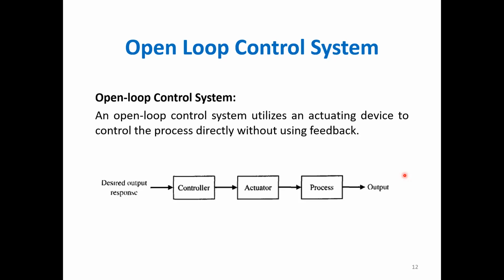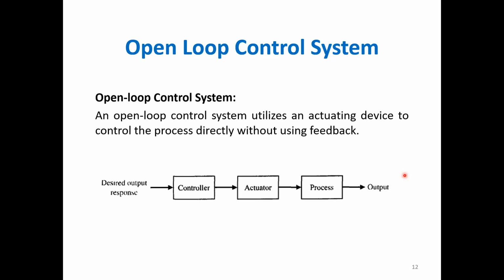So they use the actuator, they do not have feedback. It uses an actuating device, which can actuate the input to control the process directly without using feedback. That is the open loop control system.